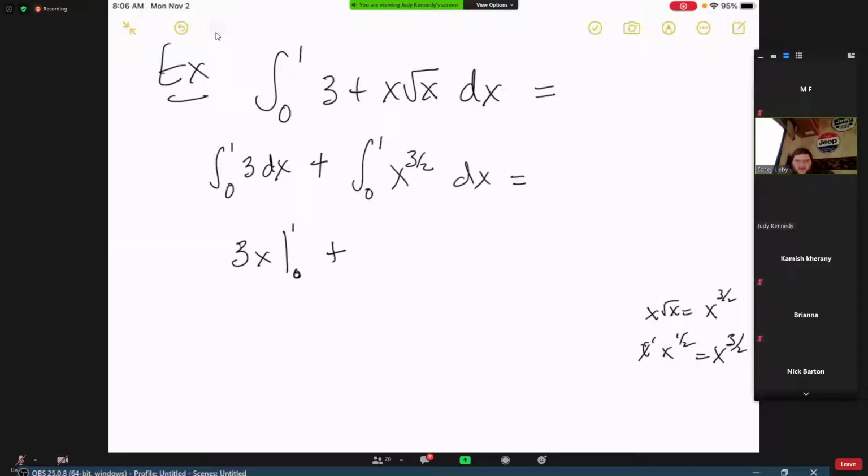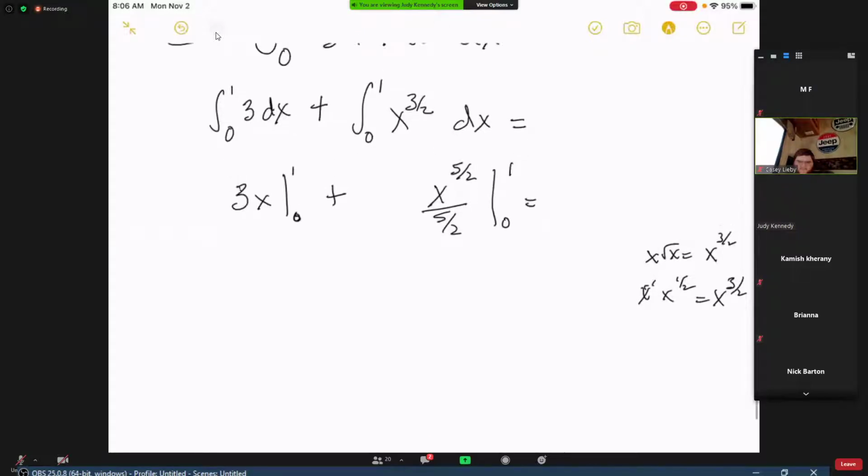It would be x to the power of 5/2, all of that over 5/2. Yes, thank you. I'm going to evaluate this one first. F of b minus F of a is 3 times 1 minus 3 times 0. So I'm done with the first part.